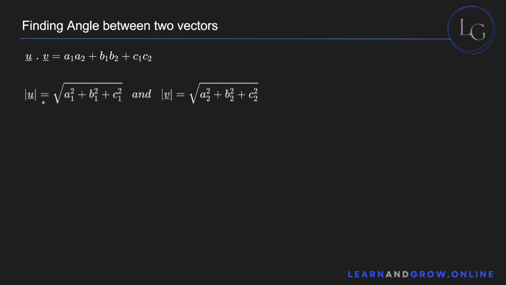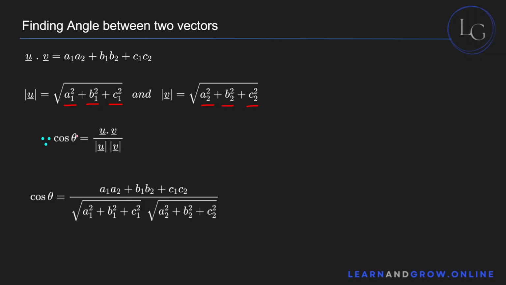And as you know, the magnitude of u is equal to the square root of a1 square plus b1 square plus c1 square, right? And similarly, the magnitude of v is equal to the square root of a2 square plus b2 square plus c2 square. This is really simple procedure.